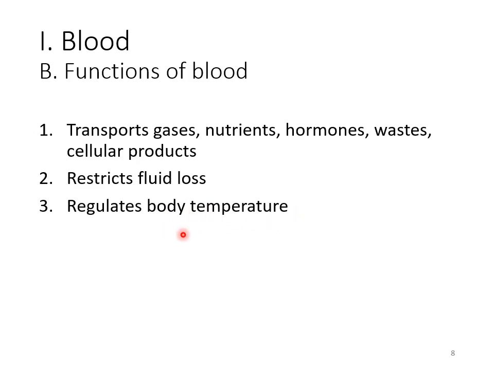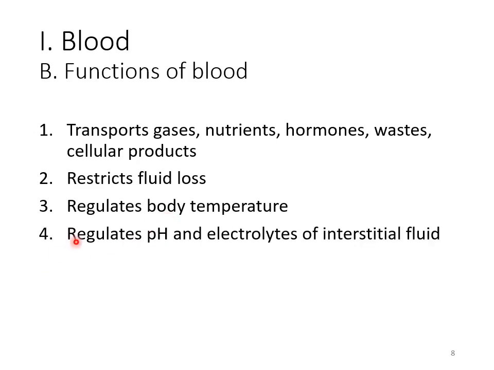Maybe you've noticed that if a part of your body looks pale or is not receiving enough blood, then that part of the body starts to feel cold. It is also important in the regulation of pH and the ionic balance in your body. You will study more about this when you look at the renal module and the acid-base lecture.